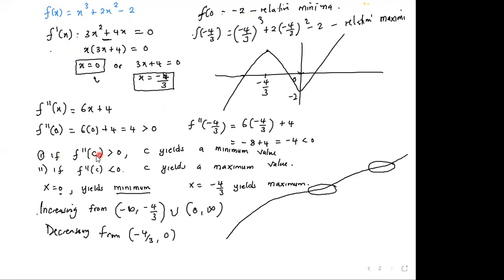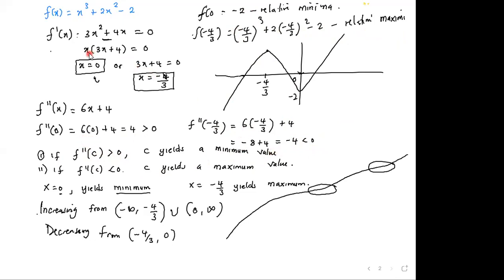If the second derivative gives me a positive number, then the name of that -2 is relative minimum. If the second derivative gives us a negative number, then it is called relative maximum. So the name and the nature come from the answer you get from the second derivative.